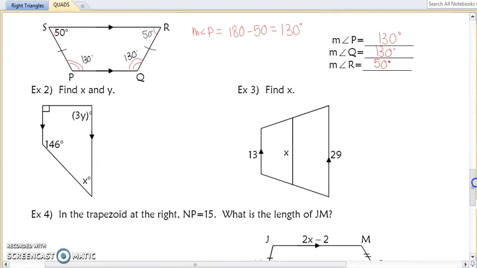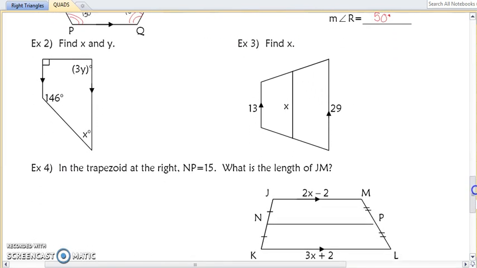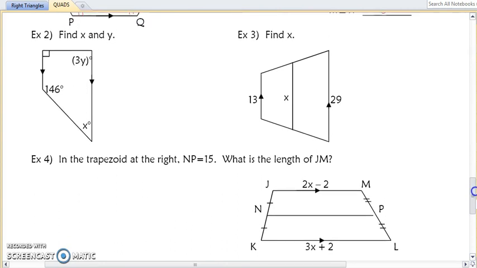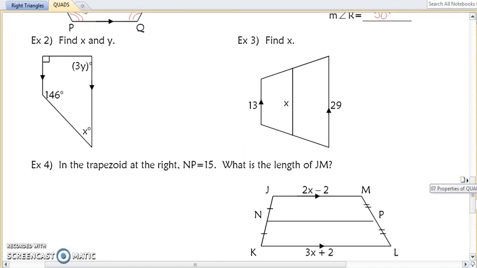Let's move on to our other trapezoid problems. So example 2, we're trying to find the measure of x and y. Now, we have to decide whether this is an isosceles trapezoid or a regular trapezoid. What's given to us is one pair of opposite sides parallel, and that's all.